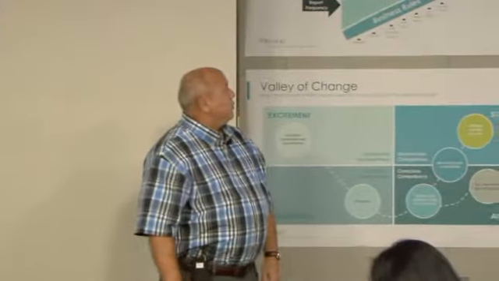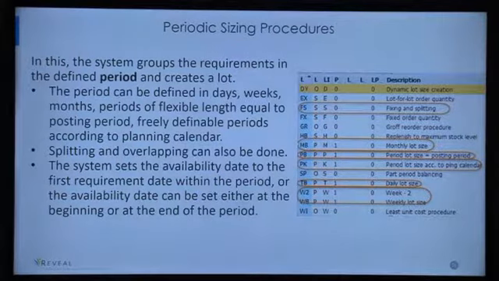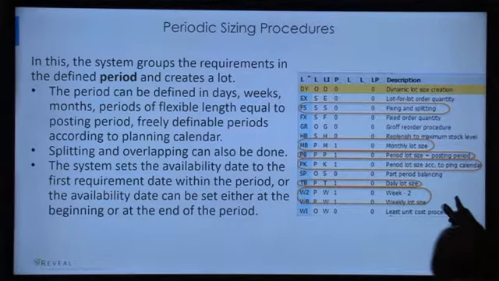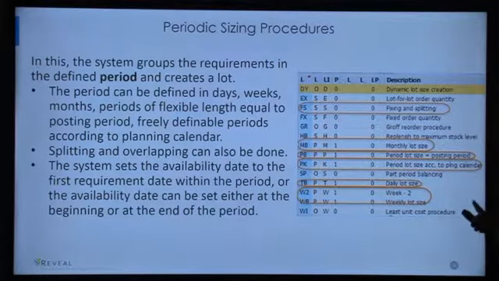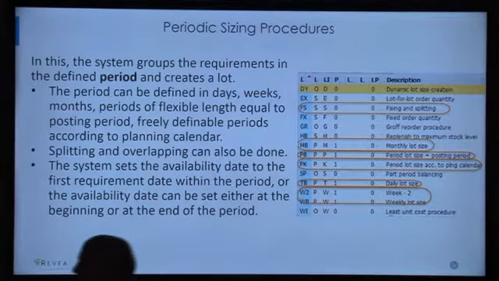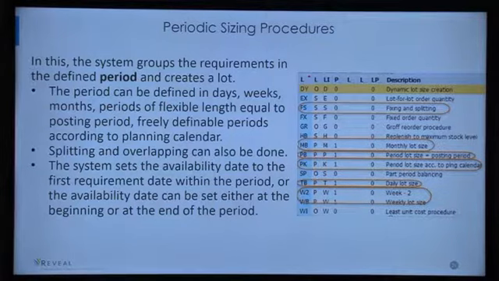Periodic, we talked about a little bit. So you have your monthly posting period, lot size according to planning calendar, PK, daily lot size, weekly lot size. A lot of those can really help us so we're not over ordering and driving our dead stock up. This contributes to that heartbeat.